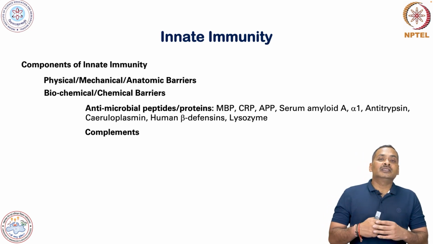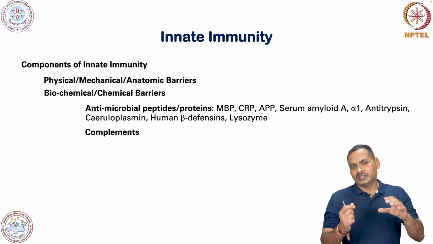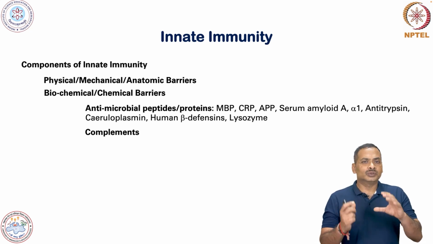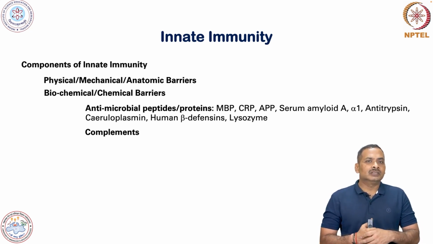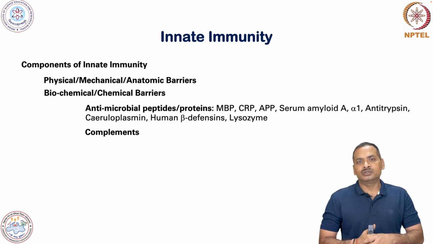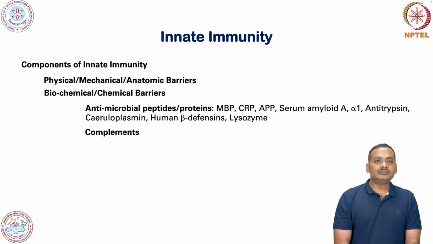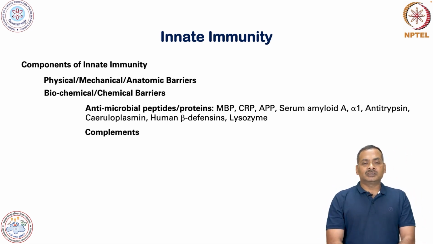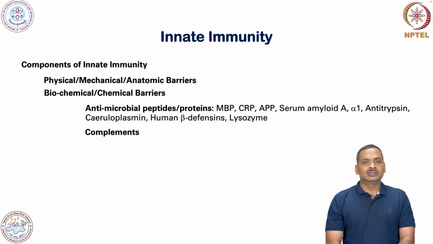They also form a complex called the membrane attack complex, which makes a hole in the microbial pathogen so that eventually the microbe dies. We will discuss complements in more detail in a subsequent session on innate immunity.